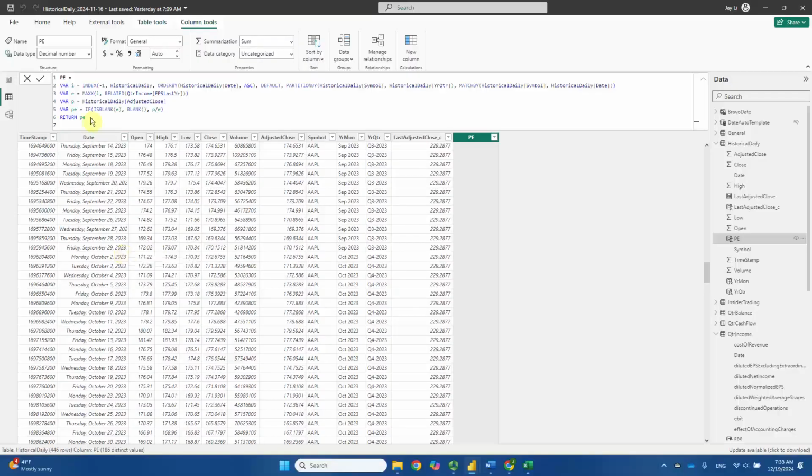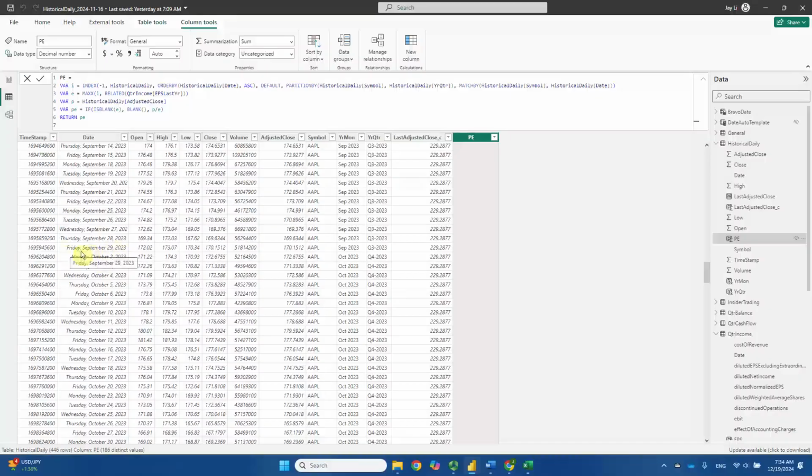So the second step, based on the last trading day of the third quarter of 2023, we're going to retrieve the EPS last year in the quarterly income data. Realize this last trading day is September 29th. It's not really the last calendar day in the third quarter of 2023. The last calendar day should be September 30th.